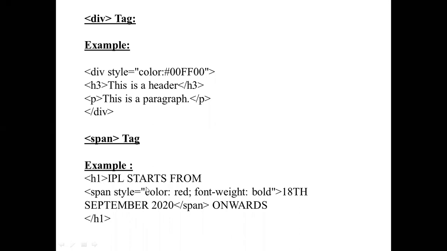The div tag is used to apply style to part of the content, and the span tag is used to apply style to part of the text. The div tag is a block container, so we apply style to the block, and the span tag is an inline container, so we apply style to one line or one paragraph. So this is the div tag and span tag.